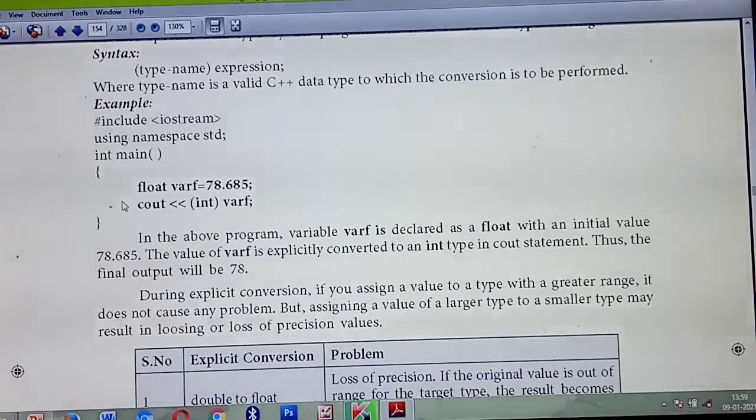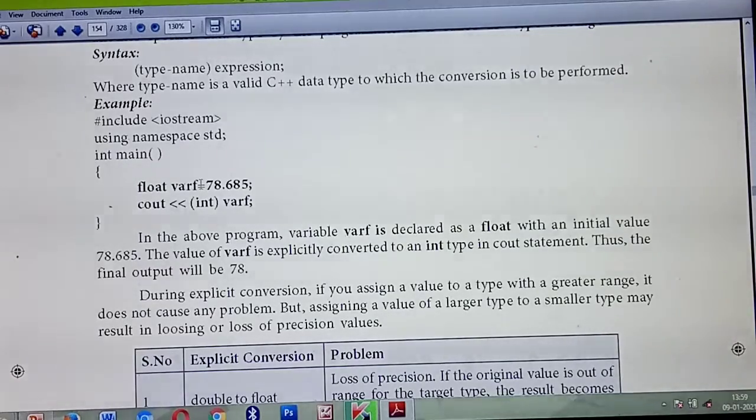See the next line. The user is going to convert int of variable f. What's the meaning? The float is now stored in the variable f, and you are going to convert this float data type into which data type? Integer. Understood? So what output will you get? Integer means 78.